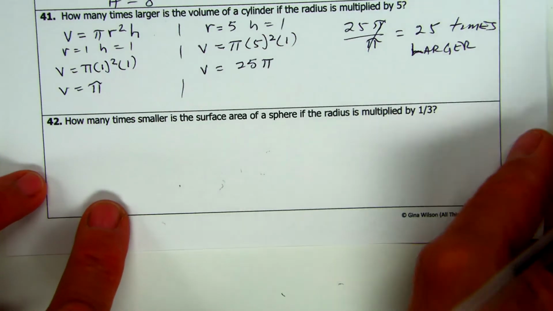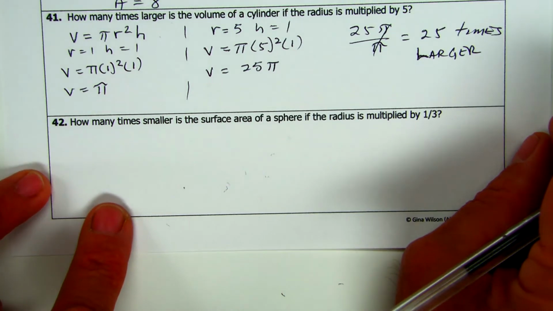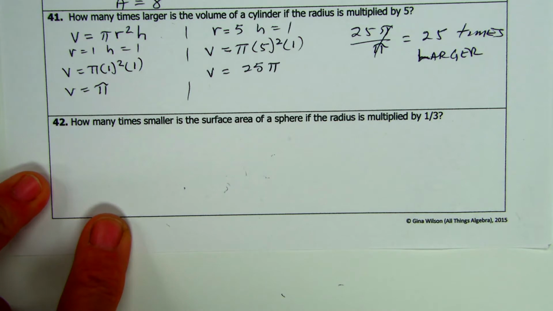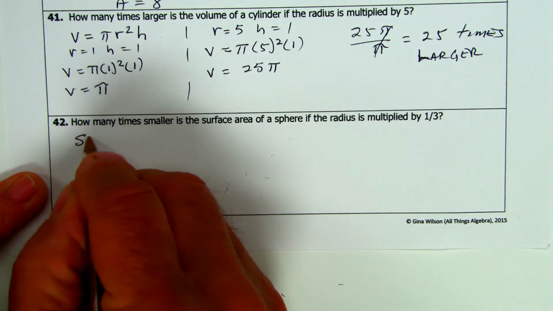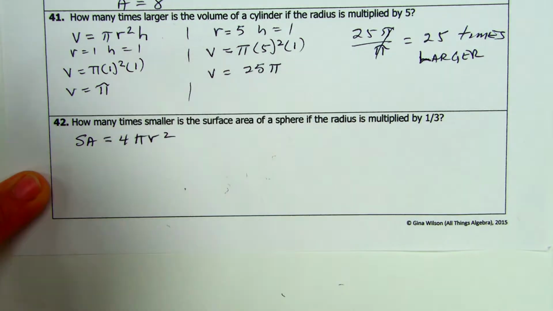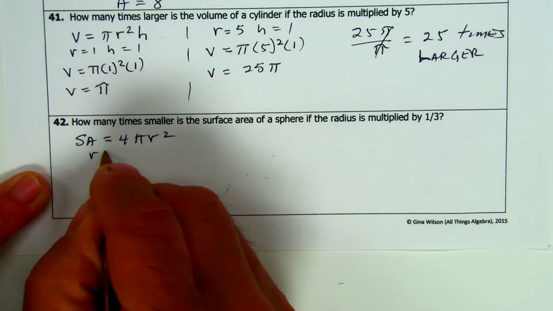So the last one, number 42. How many times smaller is the surface area of a sphere if the radius is multiplied by 1/3? So we know the surface area of a sphere is 4 pi r squared. So let's assume that the initial radius is 3.